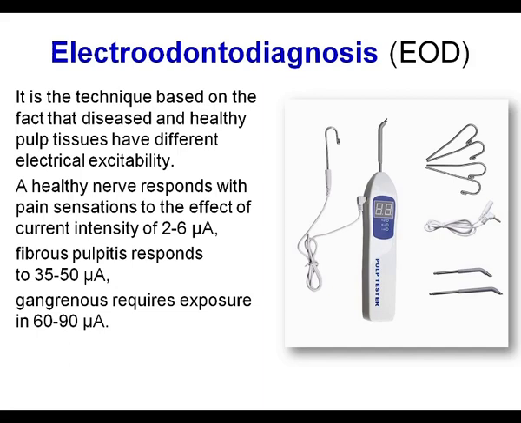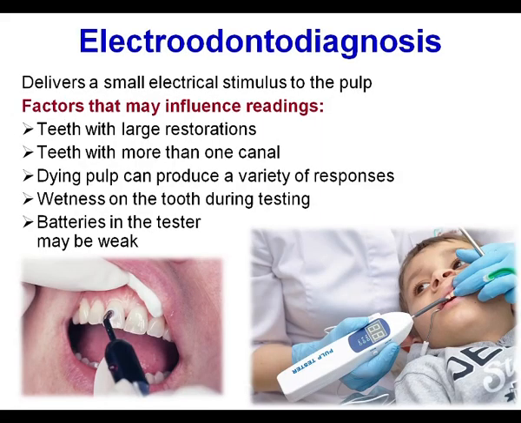Healthy nerve responds with pain sensation to a current intensity of 2 to 6 microamperes. Fibrous pulpitis responds to 35 to 50 microamperes, and gangrenous requires 60 to 90 microamperes.